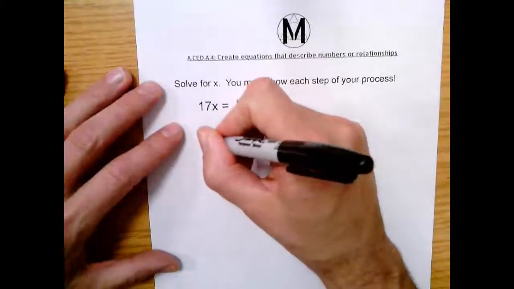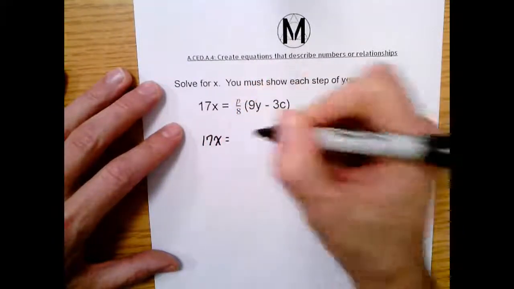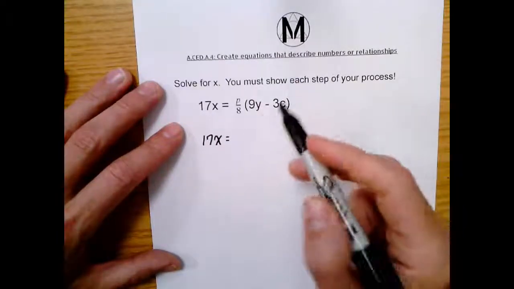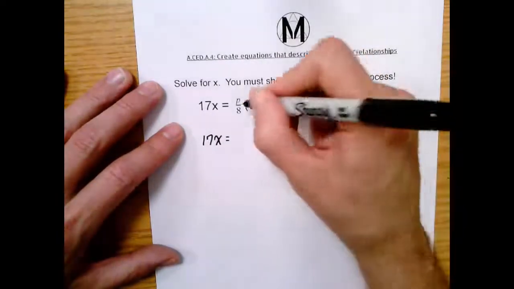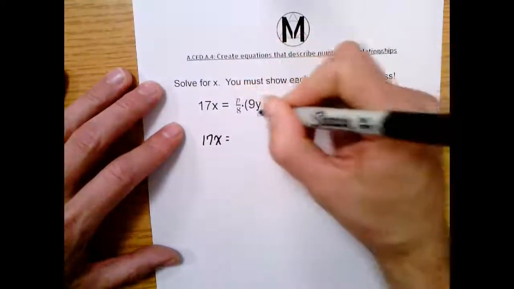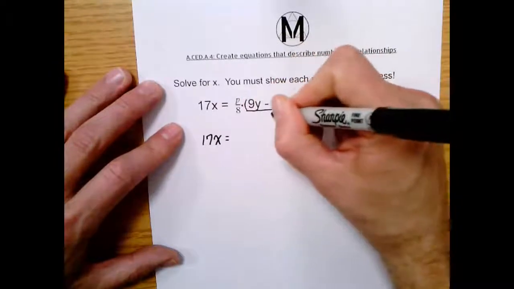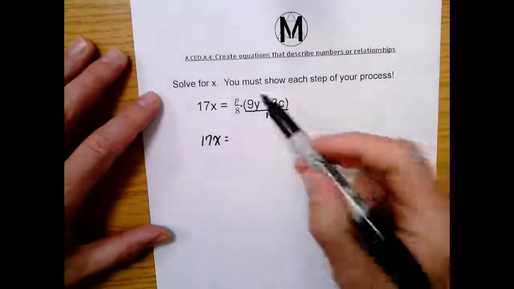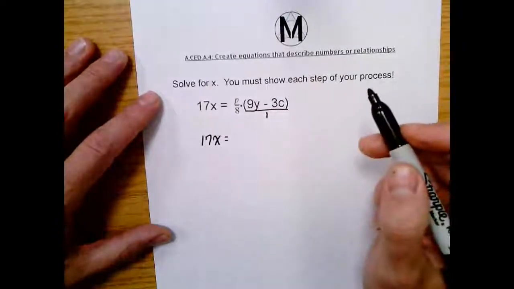So what I'm going to do here is acknowledge that p over 8 times 9y minus 3y, well, if you imagine there's a little multiplication symbol here, and this is also a fraction on top of 1, we can rewrite this as a combined fraction, and we can distribute that p.